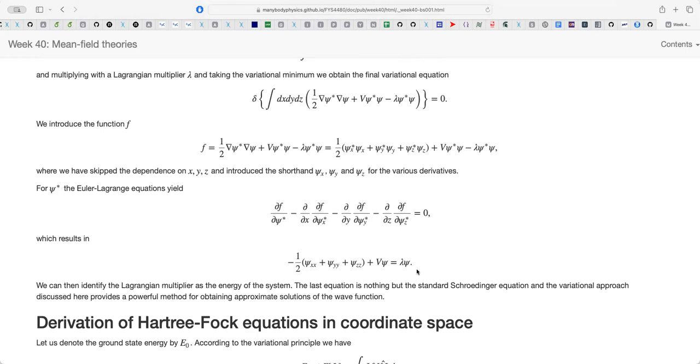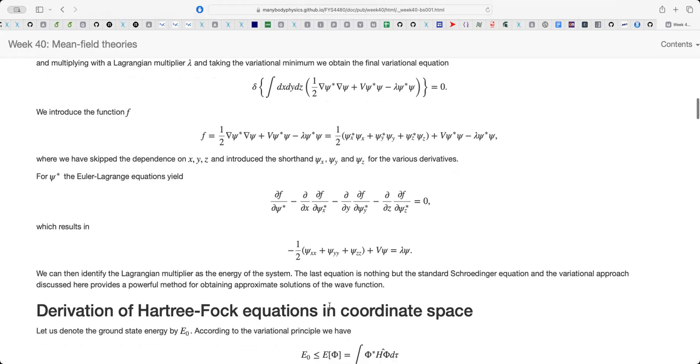So this is nothing but another way of deriving Schrödinger's equation, but you're deriving it starting with the energy. And you're looking at possible variations in the solutions, or the wave functions which you have. And then you have a powerful method for obtaining approximate solutions of the wave function here.